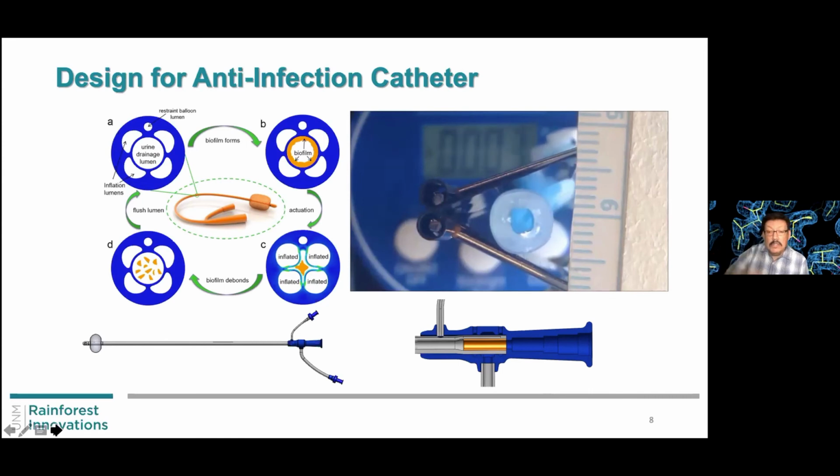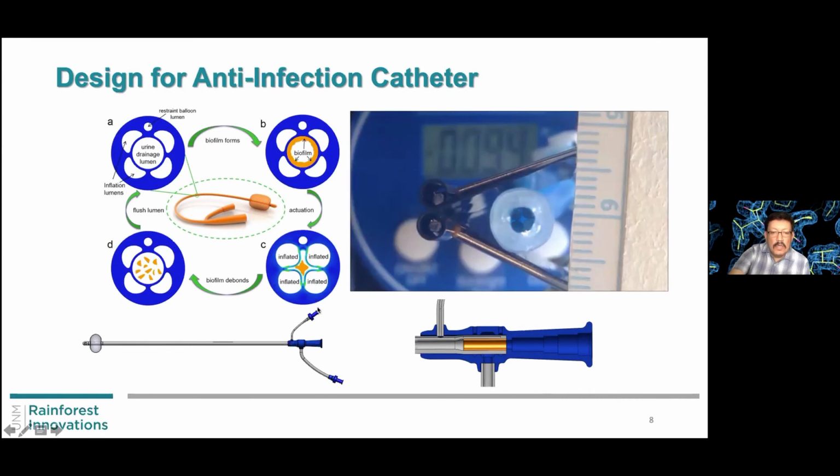What you see here on this slide is a video of the inflation in process for a prototype. And also you see a fairly well-developed design for our multi-lumen Foley catheter that would be designed for combating these infections.